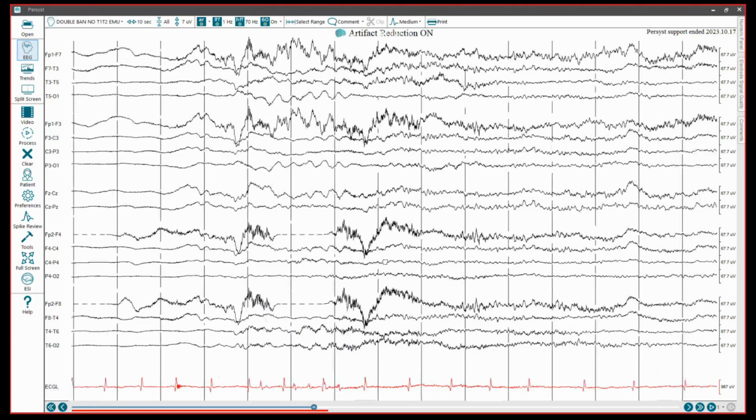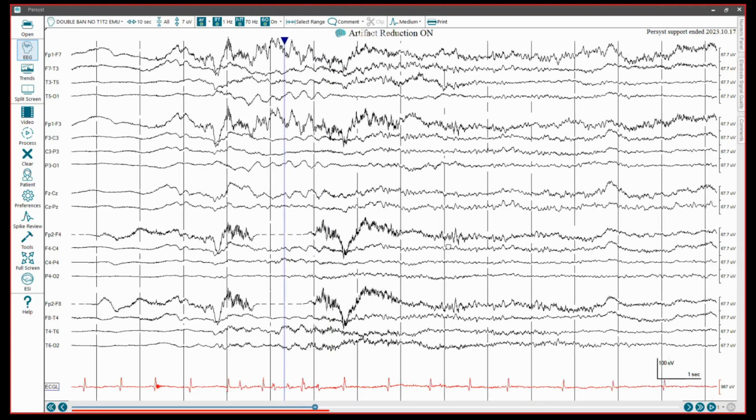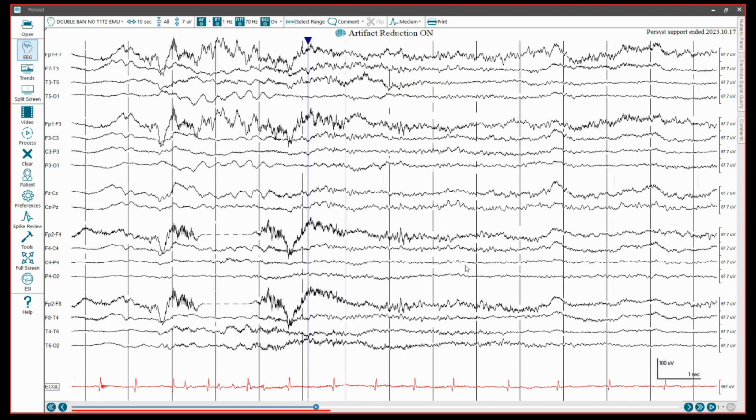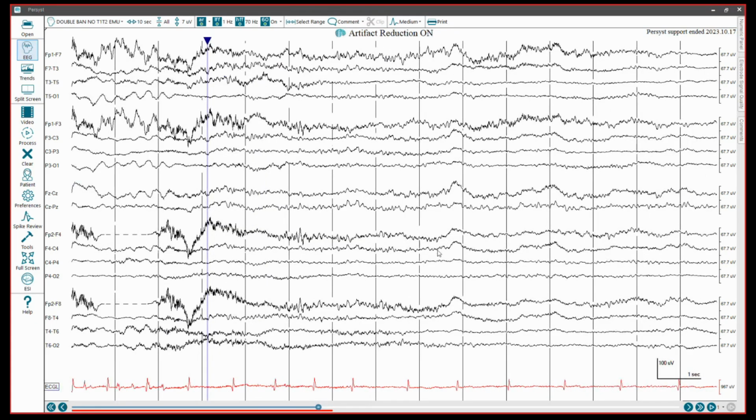All right, so now let's just go through a bit more, and we'll see that there's generalized delta. We'll take off the artifact reduction. We have this generalized delta slowing. So this is an encephalopathic pattern, most likely due to, like we talked about, a combination of that transient cerebral hypoperfusion from the asystole as well as the post-ictal effects.